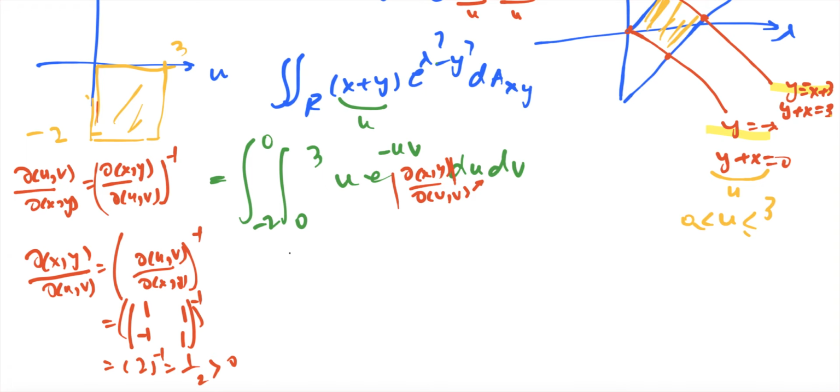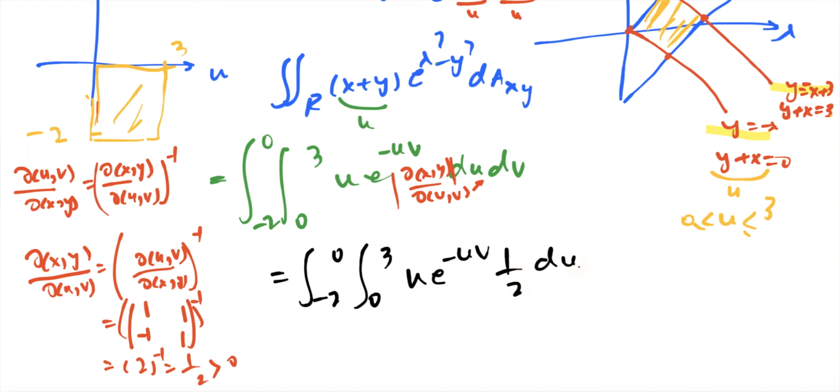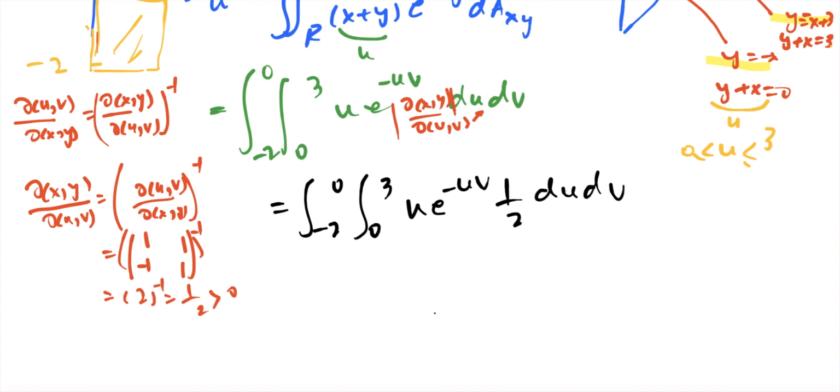But I have to rewrite this as -2 to 0, 0 to 3, u e to the power -uv times 1/2 du dv. Now, the next step in here is to solve. First thing that I do is I realize, oh, the inner integral has, with respect to u, u e to the power with function u inside.